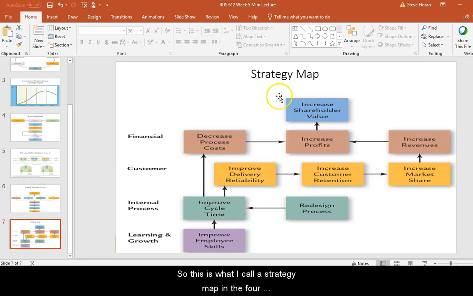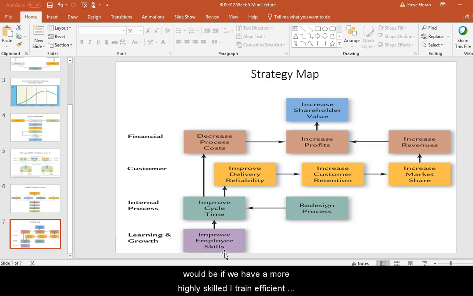And so this is what I call a strategy map. And the 4 quadrants that we can try to measure is called the balanced scorecard. And that's what Chapter 13 deals with: our financial, customer, internal, and learning and growth. And if they all go well, they all support each other. For example, if we invest in our employees, we make them better, we train them better, we maybe pay for them to get better education, we do leadership training, whatever that would be.